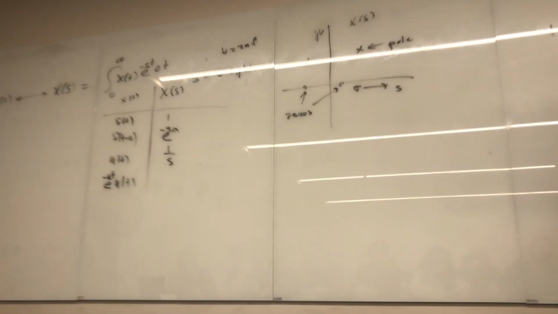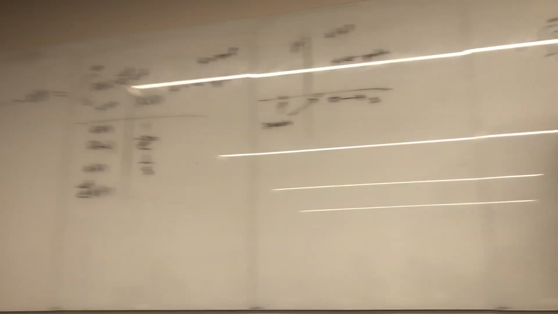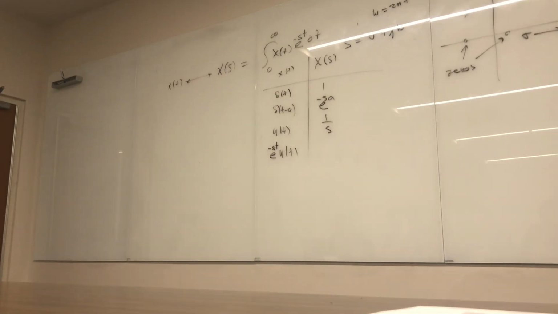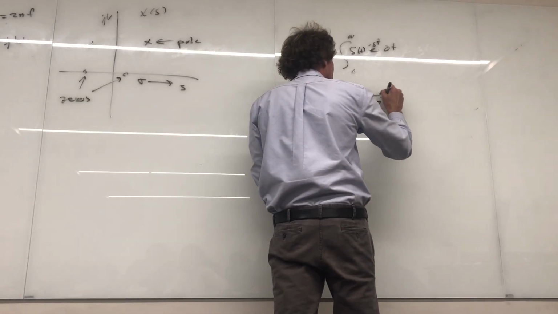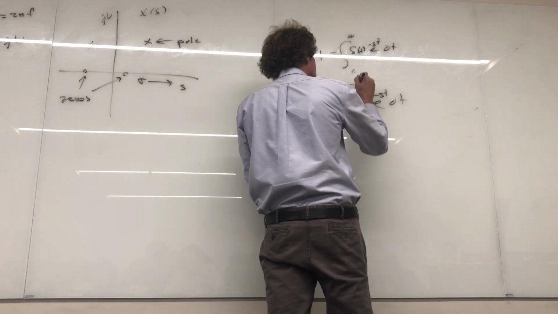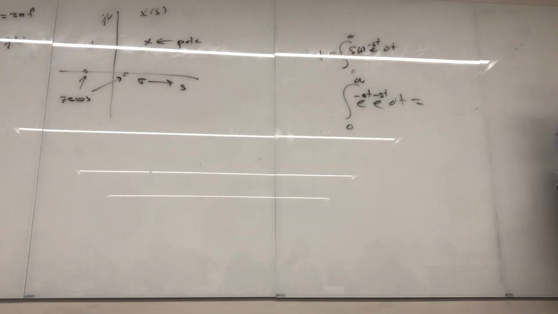So when you think about that, what happens? Well, when I have the integral of e to the minus at times e to the minus st dt from 0 to infinity, how do you go about solving that? Just add the exponentials.